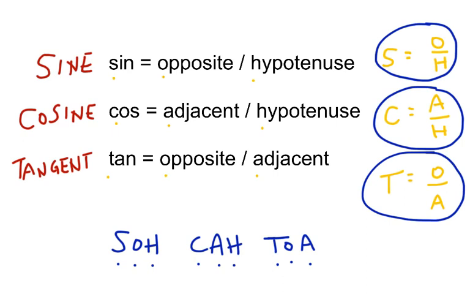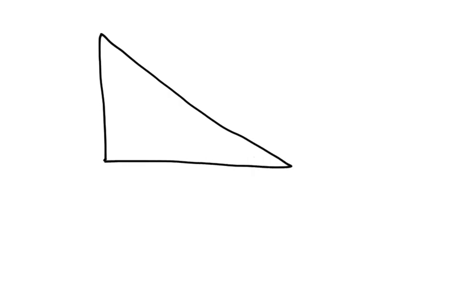Let's look at the pieces of that together. If we go back to a right triangle and we label the vertices A, B, and C, that tells us that we know our side names are lowercase a, lowercase b, and lowercase c.